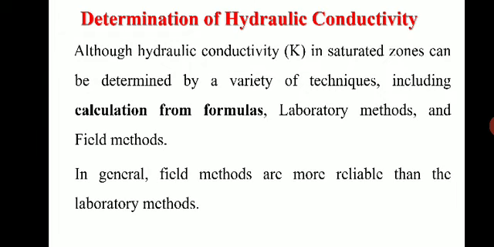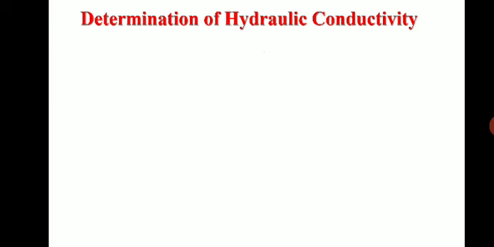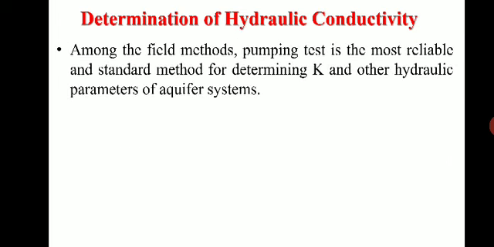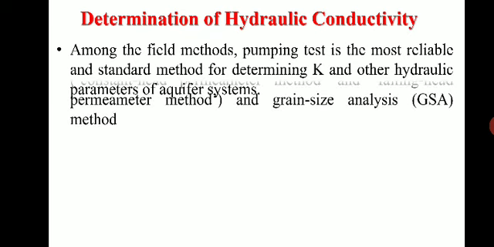In general, the field methods are more reliable than the laboratory methods. We'll discuss all these methods. Among the field methods, the pumping test is the most reliable and standard method for determining the hydraulic conductivity and the other hydraulic parameters of the aquifer system.